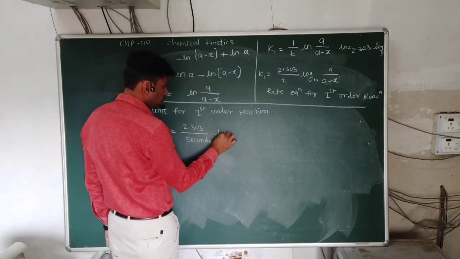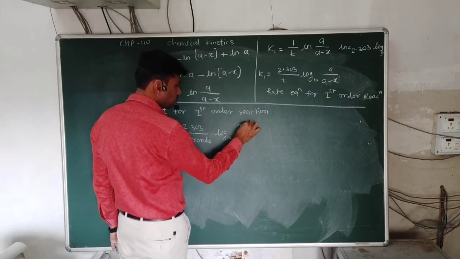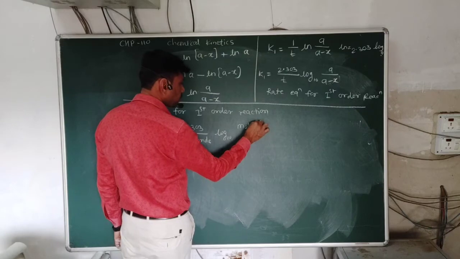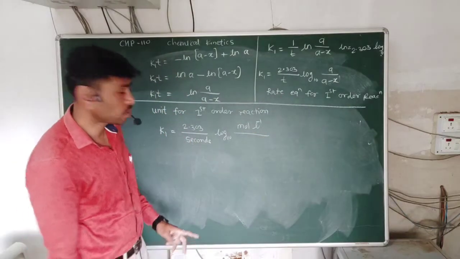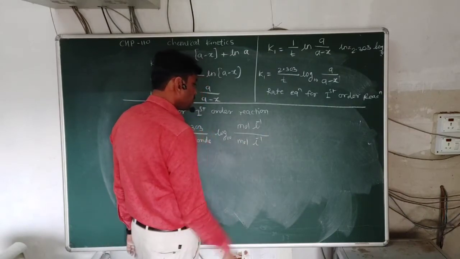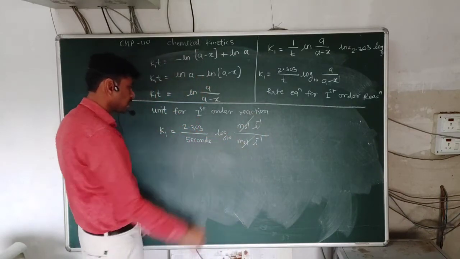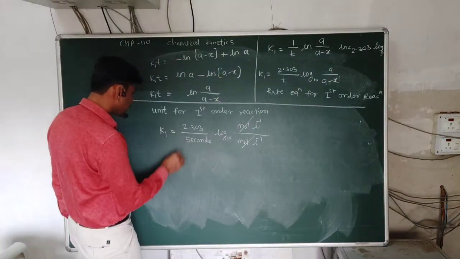Log to the base 10 of a concentration term, moles per liter, and A minus x is also a concentration, so moles per liter. So moles per liter cancels, and we get the unit for the first order rate constant.